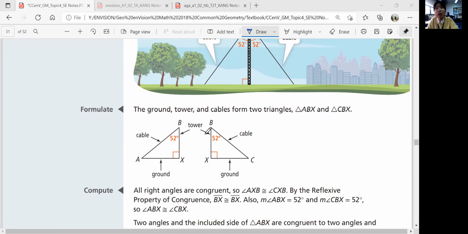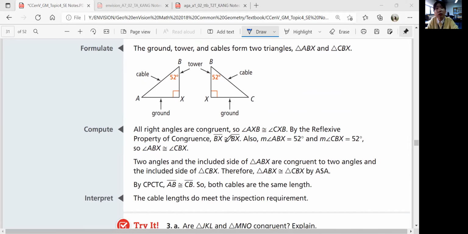So we got two angles and one side between the two given angles. So we can use the ASA triangle congruence theorem to prove that these two triangles are congruent. And by CPCTC, AB is congruent to CB, and both cables are the same length. So yes, the cable lengths do meet the inspection requirement.